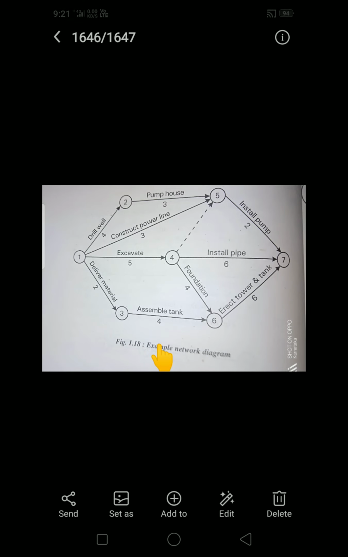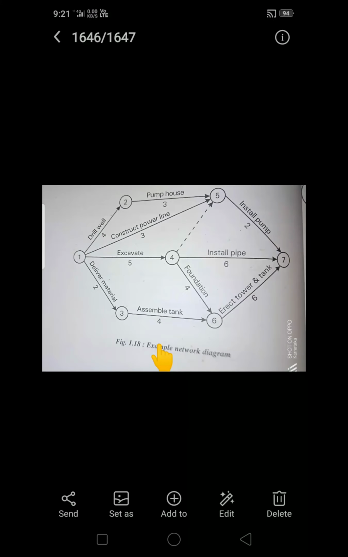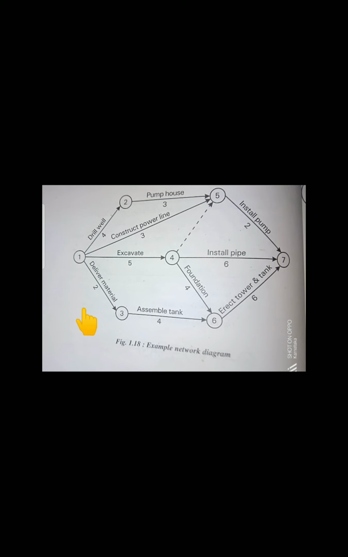Next, this is another type of network, and how we represent it. This is the activity on arrow network. It means activities are represented using arrows, and nodes are used to represent the starting and finishing of a particular activity.